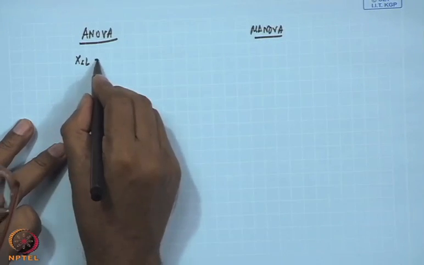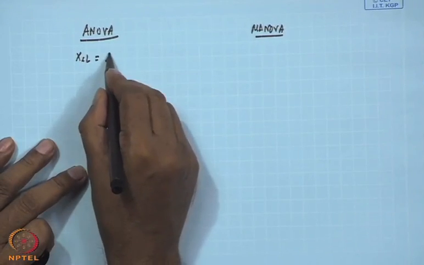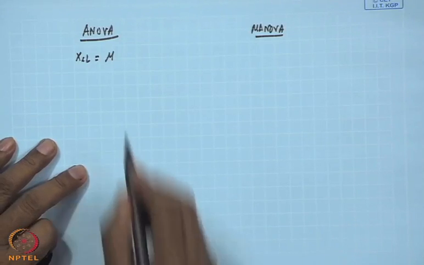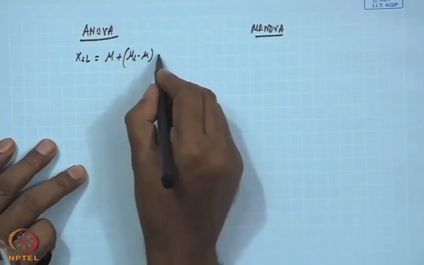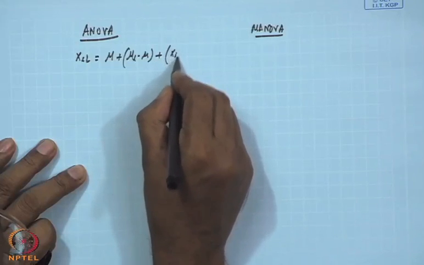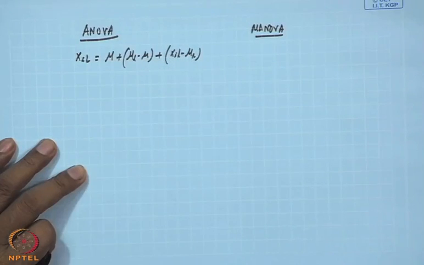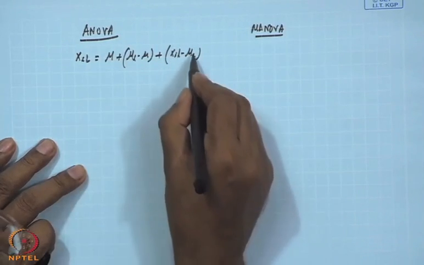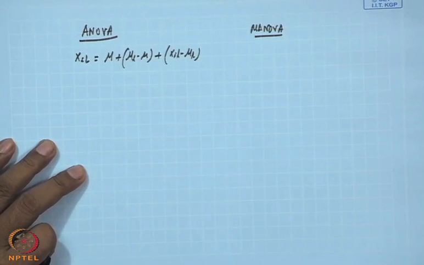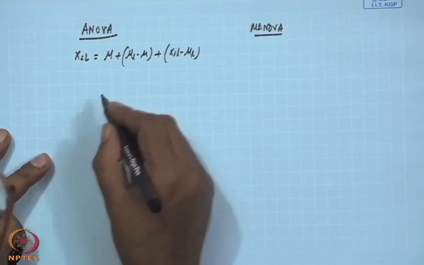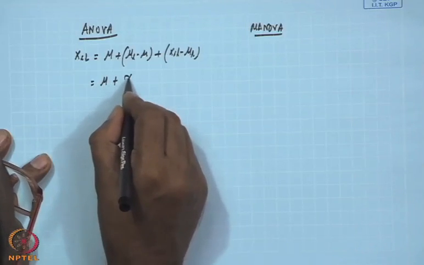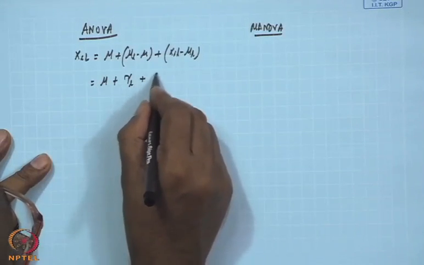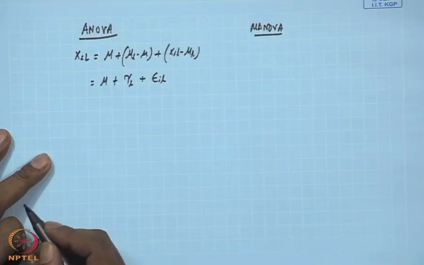In the ANOVA case, XIL is partitioned like this: mu plus (mu L minus mu) plus (XIL minus mu L). This is the way you partition, and we say this is equal to mu plus tau L plus epsilon IL.